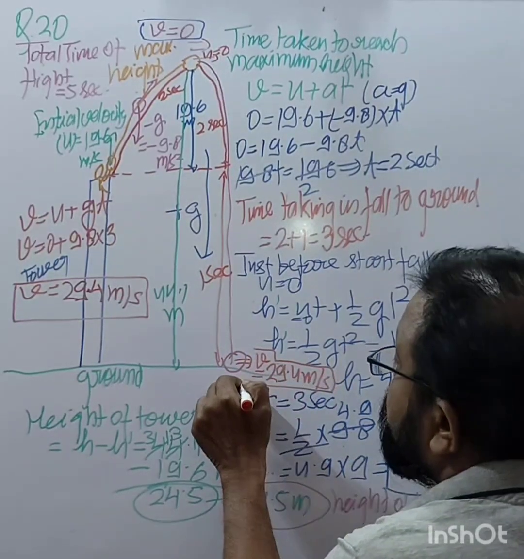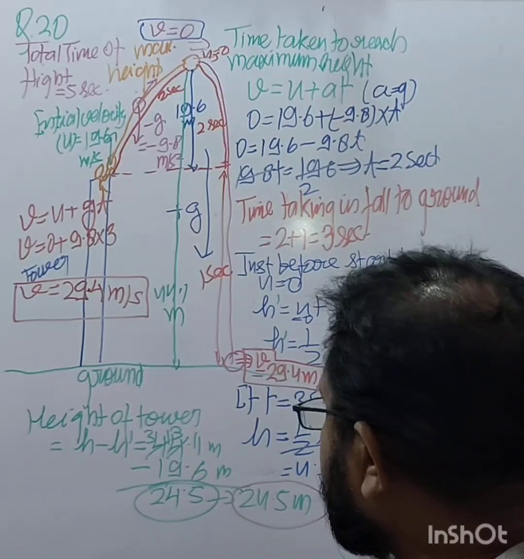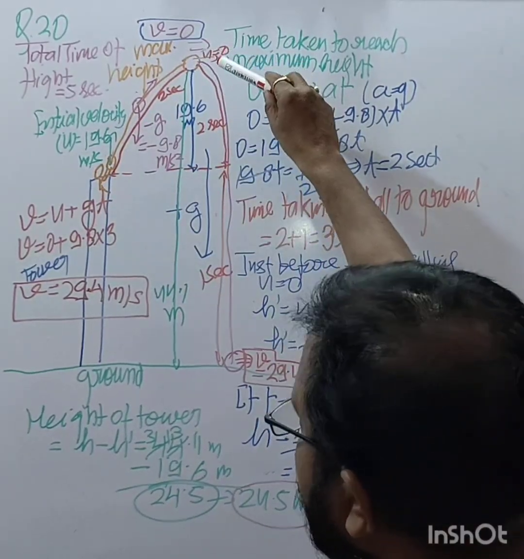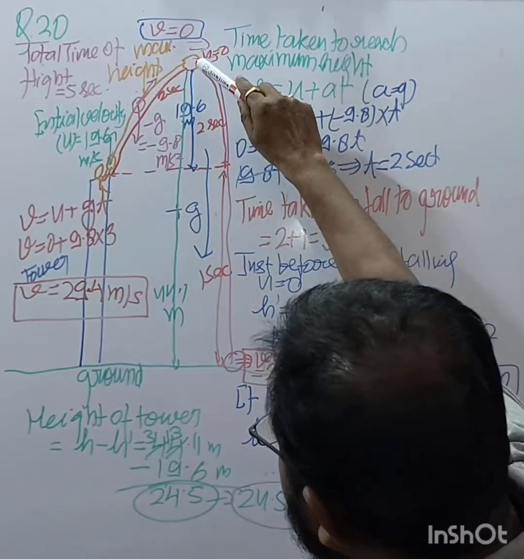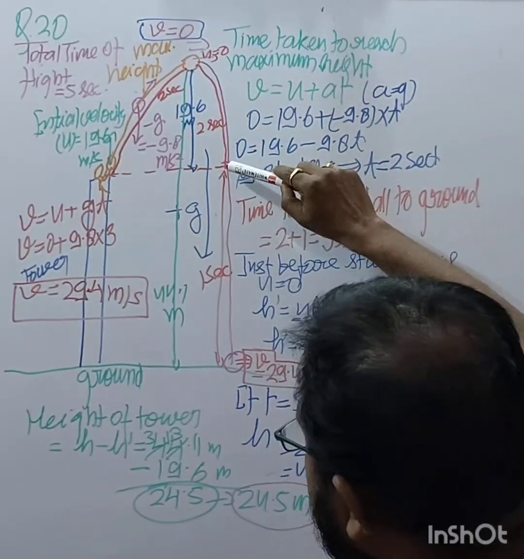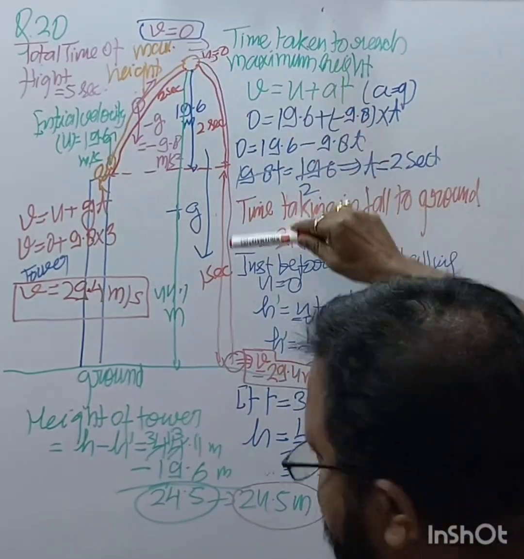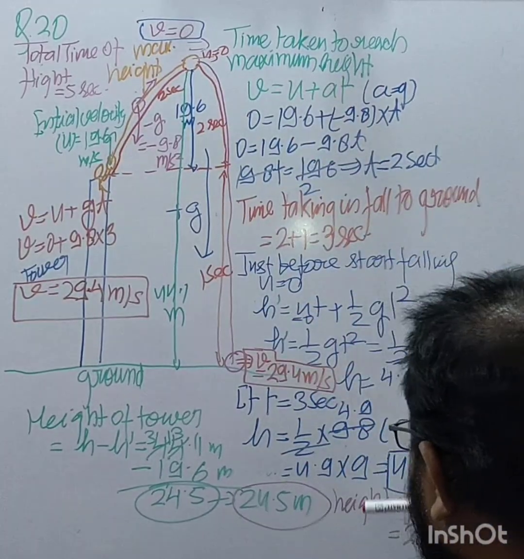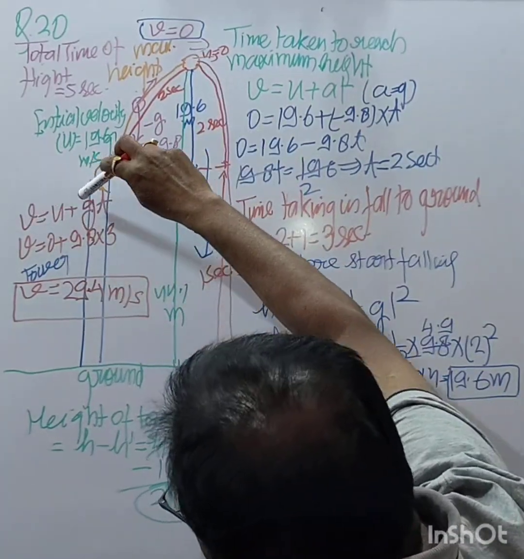This is the whole solution of the question, right? So the total time of flight given is 5 seconds. So 2 seconds it takes from here to here, 2 seconds from here to here, and from here to here it takes 1 second. Total falling time is 3 seconds. Now v is equal to u plus gt.